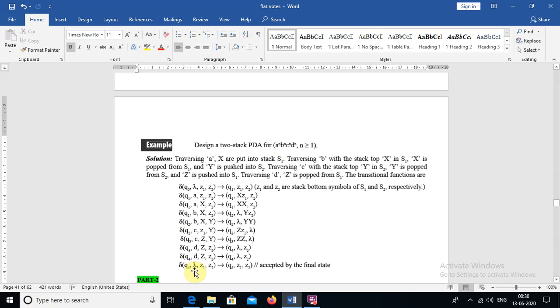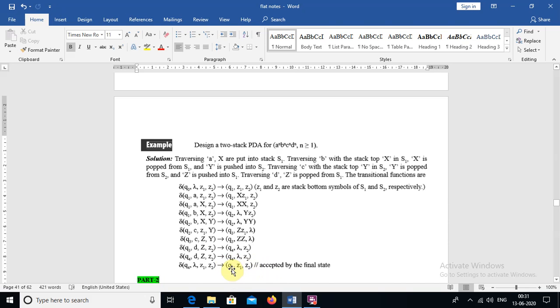Lambda is the input symbol, the end of the string, and Z1 is on top of S1, Z2 is on top of S2. So finally we transition to the Q final state, and Z1 is pushed into S1, Z2 is pushed into S2. So we have reached the final state, right?